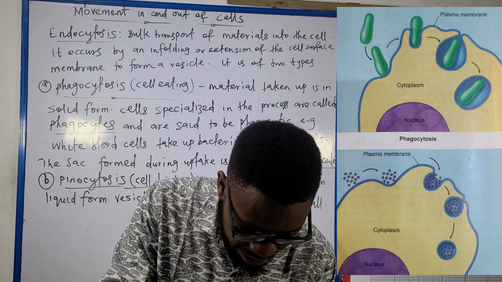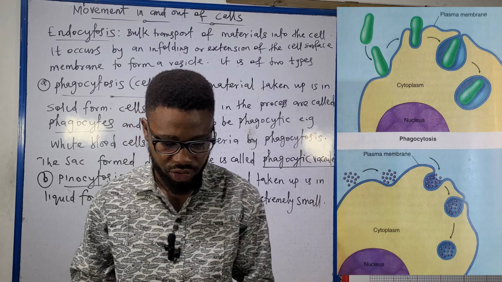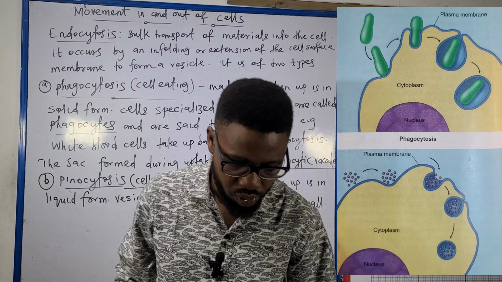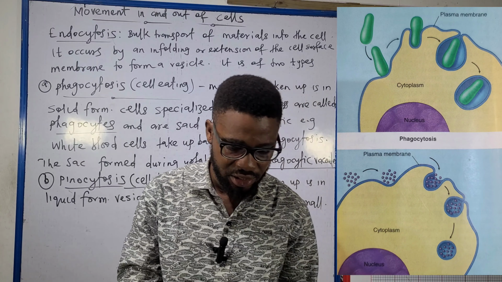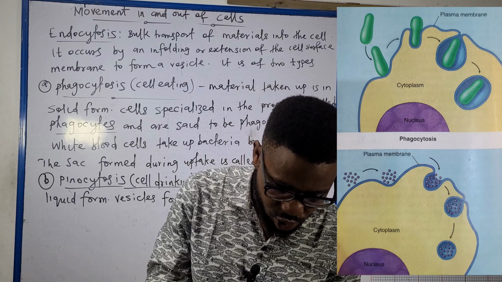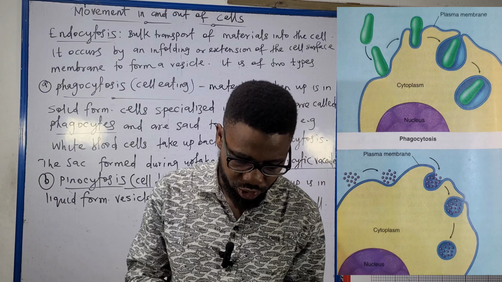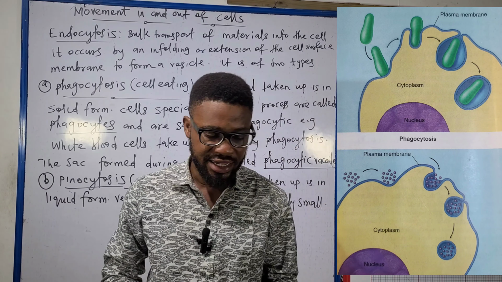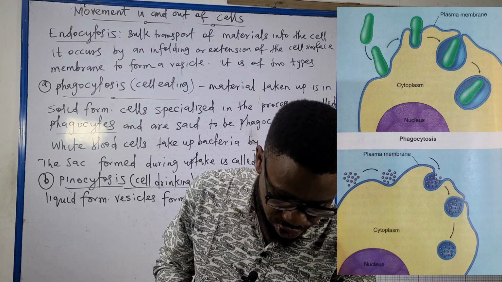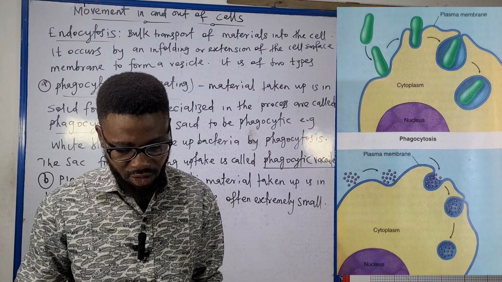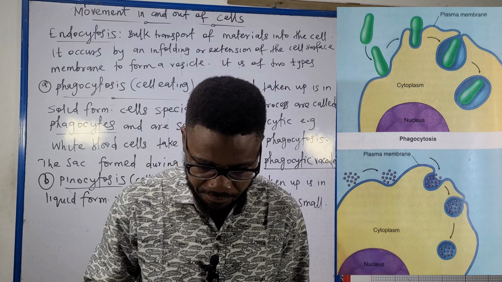And then looking at the second diagram you can see on your screen, known as pinocytosis, you can see the particles in this case are even smaller and more microscopic than what you have in A. This is called cell drinking, taken up in form of liquid.